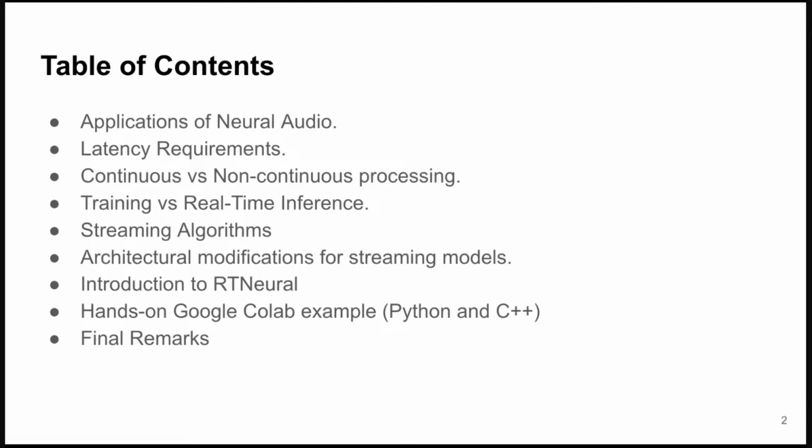And we're going to introduce a special framework for real-time inference of neural nets that was designed by Jatin and a team. It is an open source project that is really cool, really interesting, and it's called RTNeural. And finally, we're going to run through a Colab notebook where we train a neural network for audio and then implement it in RTNeural, and close with some final remarks.